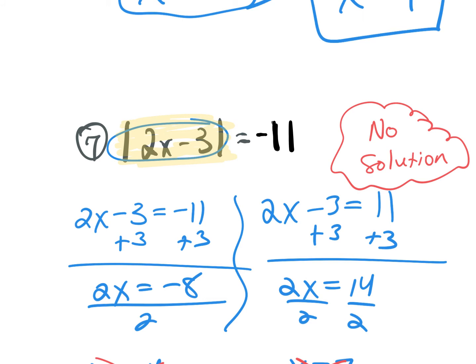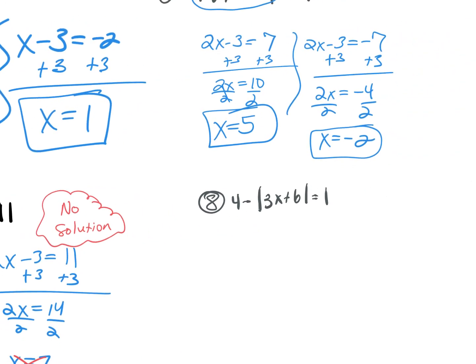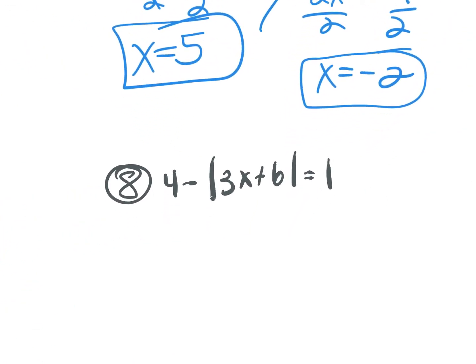The problem is, sometimes you guys will see something like this. Don't change your problem, but sometimes you'll see something like this. And people go, oh, absolute values on one side, negatives on the other, it's no solution. Is that true? No. Just because it says equals a negative number does not make it no solution.